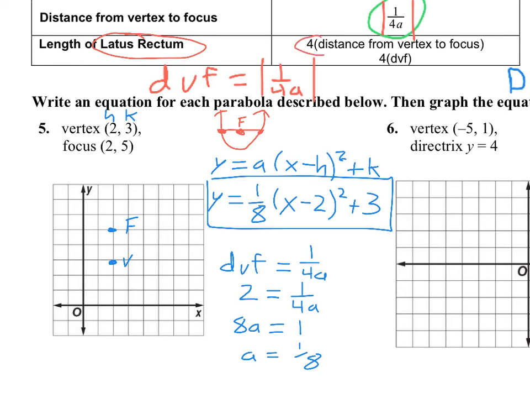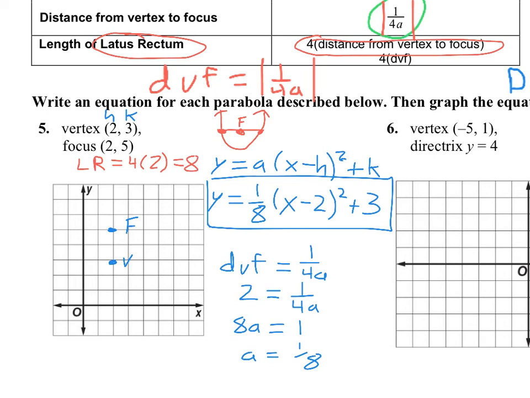The length of the latus rectum is 4 times the distance from the vertex to focus. So we already established that that distance is 2. So the latus rectum in this case is going to be 4 times 2, or 8.